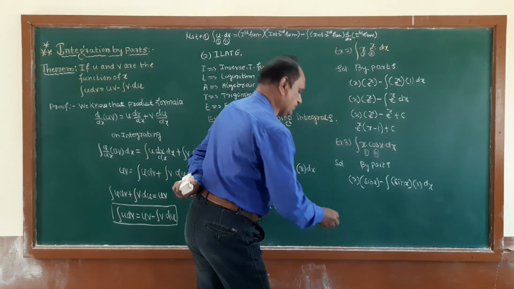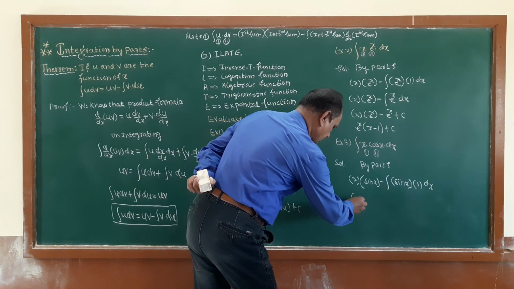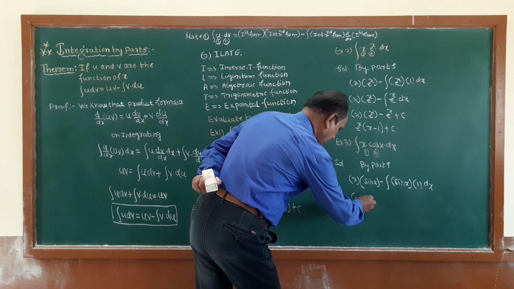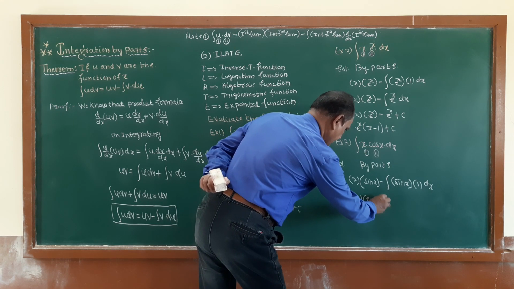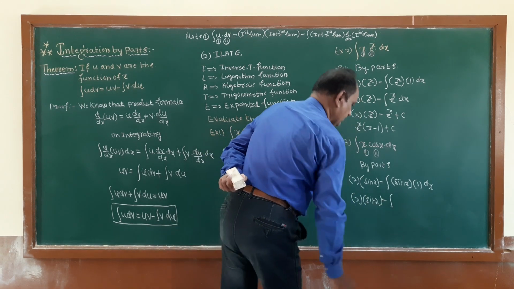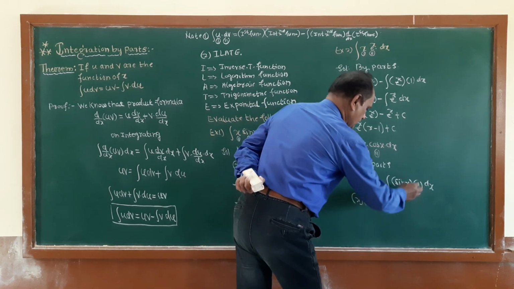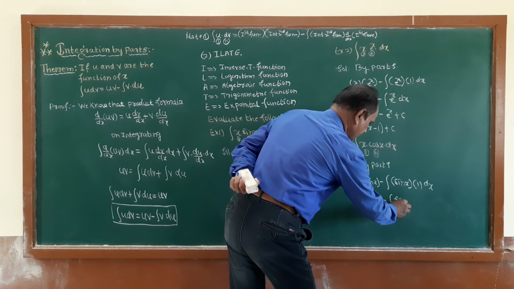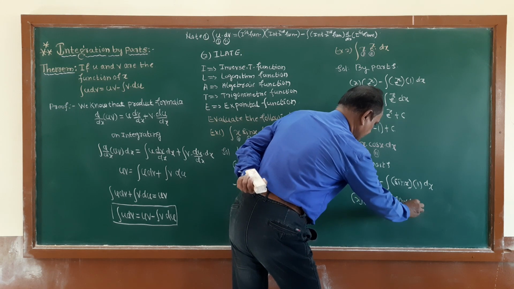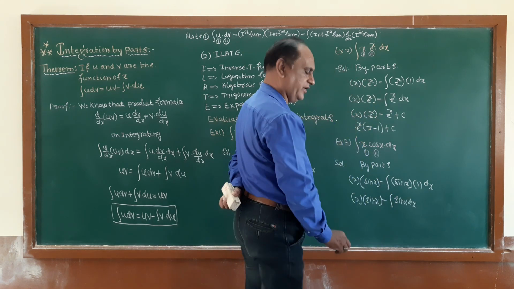Again you have to write it in the simplest form. That is x as it is into sin x, then minus under the integral sign of sin x into 1, simply sin x dx. Then come to the end.